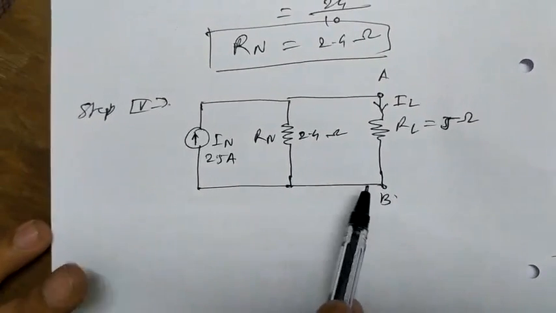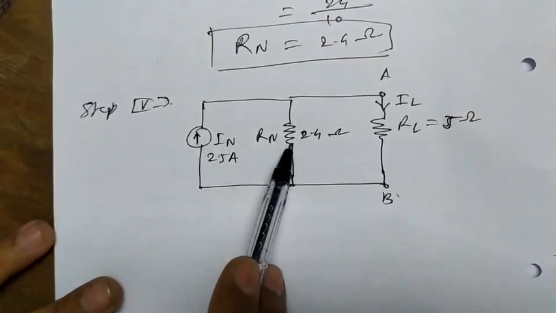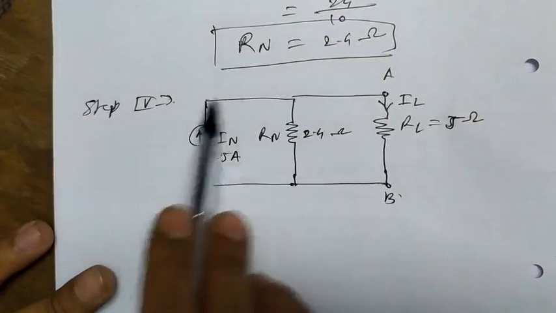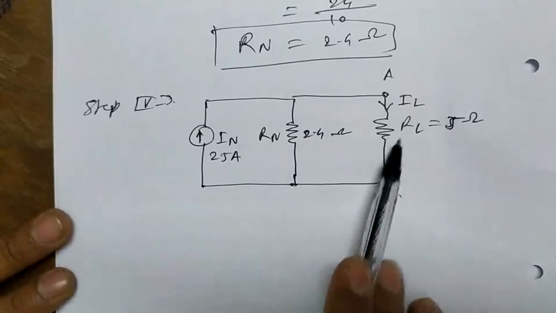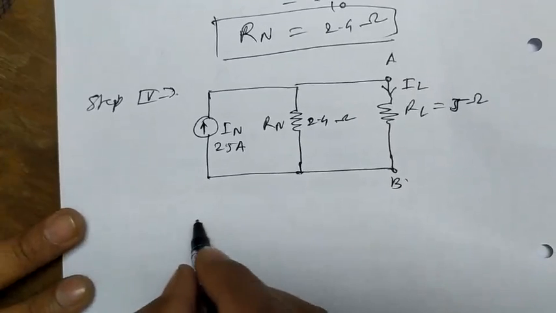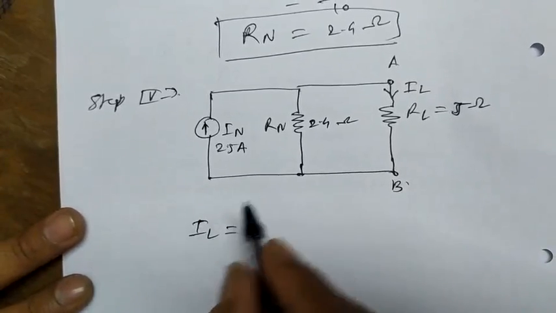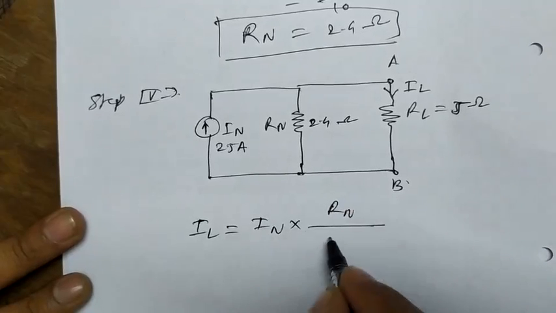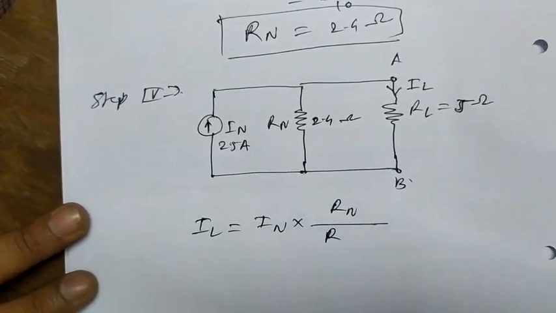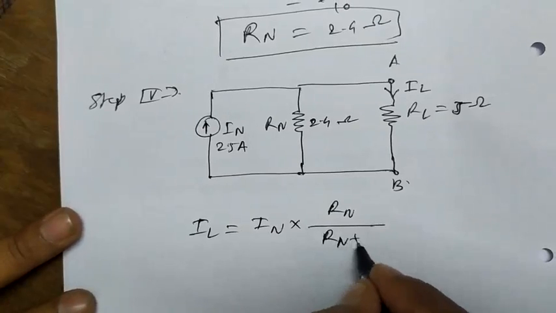In this circuit, IN and RN are parallel, that is, this is the Norton's equivalent circuit. Now the current passing through RL can be calculated as IL equal to IN into RN upon RN plus RL.